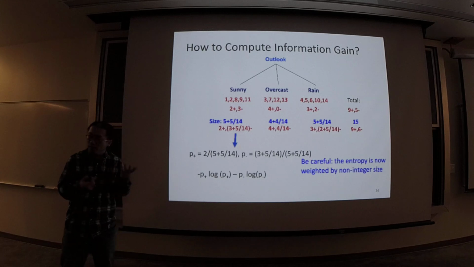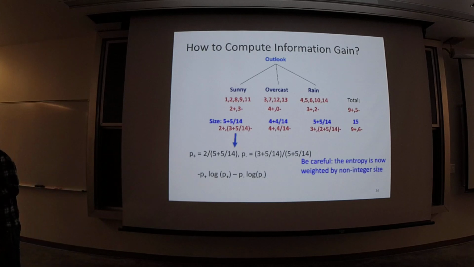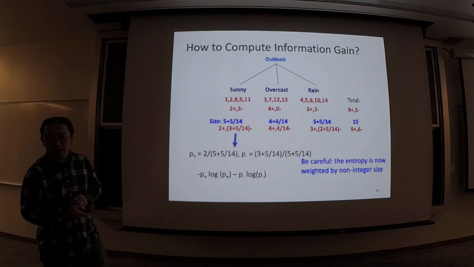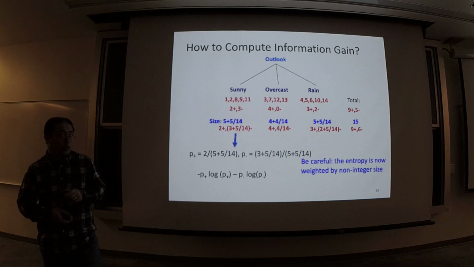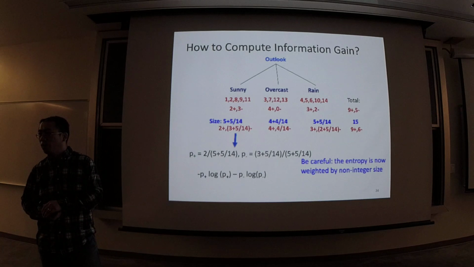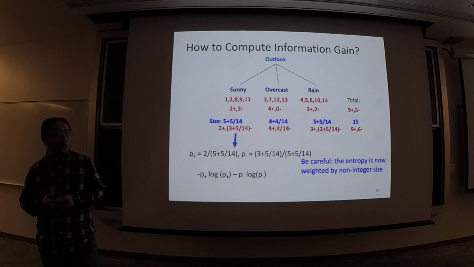I want to mention this subtle detail because in homework 1, which is released today, you need to use fractional counts to complete missing feature values and say what kind of trees you generate using ID3.